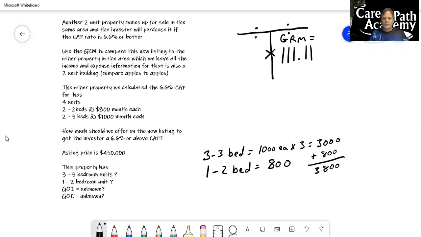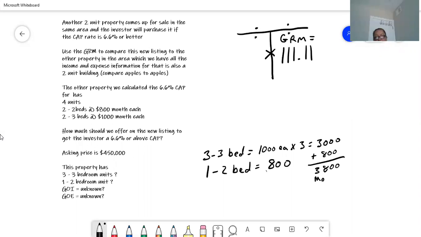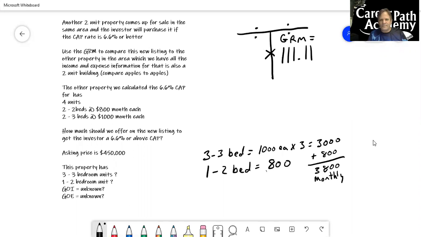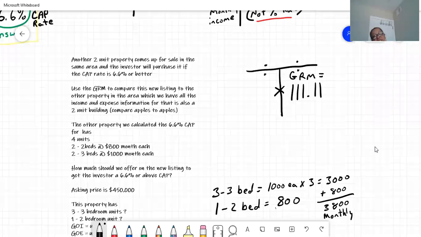Mm-hmm. And that is monthly, right? Yeah, but then we have a $200 difference in there. What's that? We don't have even the $3,600 monthly anymore.